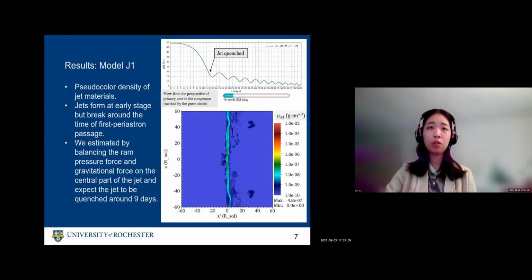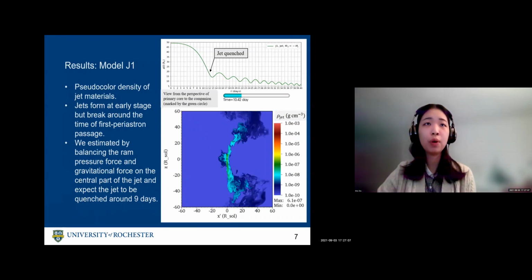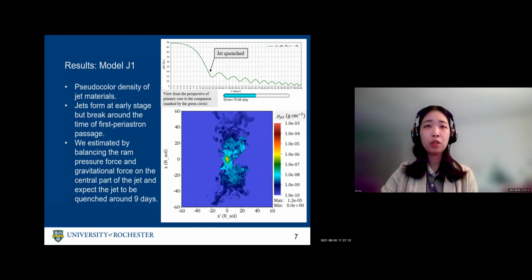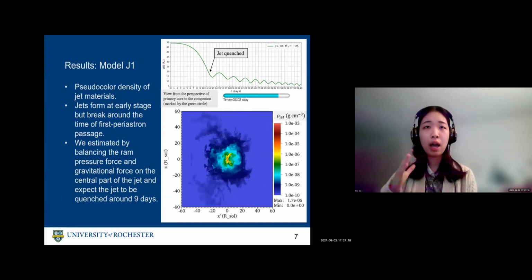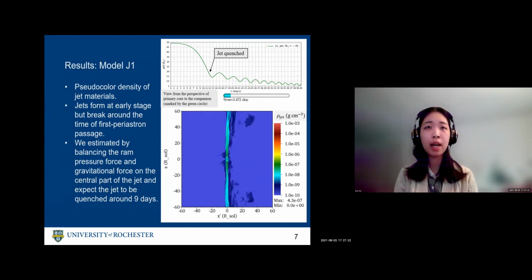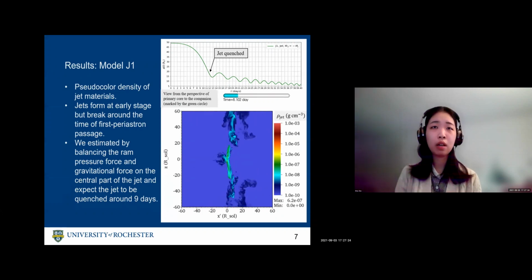Here we take a close look at our fiducial model, J1. In the movie, you can see a pseudo-color rendering of only the jet material. We're sitting at the perspective of the primary core, looking at the secondary, the companion star.